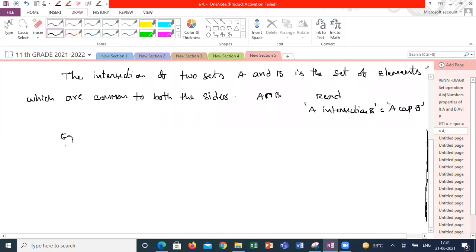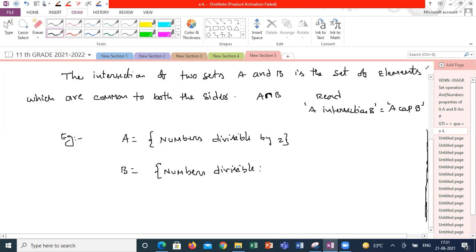I am going with another example. A is the set of numbers divisible by 2. B is the set of numbers divisible by 3. What is A intersection B?